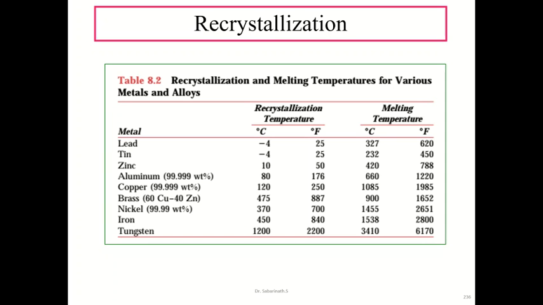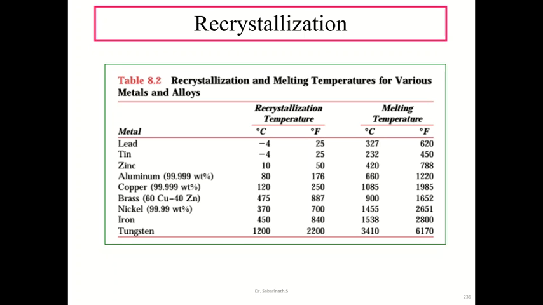So these are some examples of the recrystallization and melting temperatures for various metals and alloys. Here we can see for lead, the recrystallization temperature is -4 degrees Celsius, whereas the melting temperature is 327 degrees Celsius. For tin also, the recrystallization temperature is -4 and the melting temperature is 232.